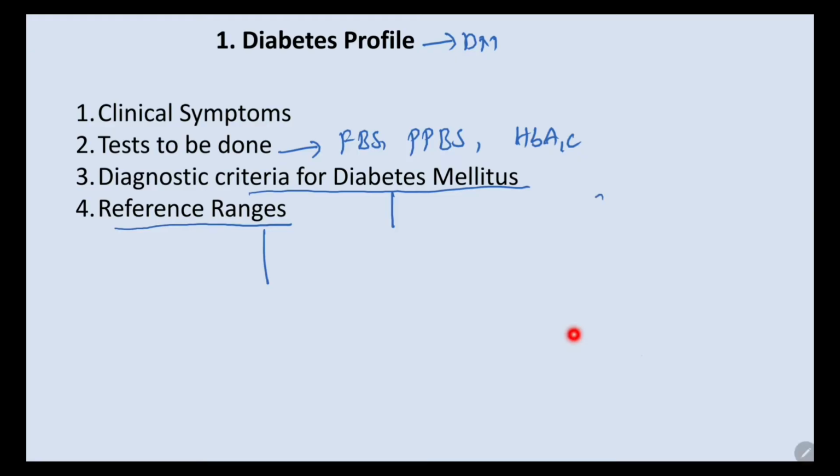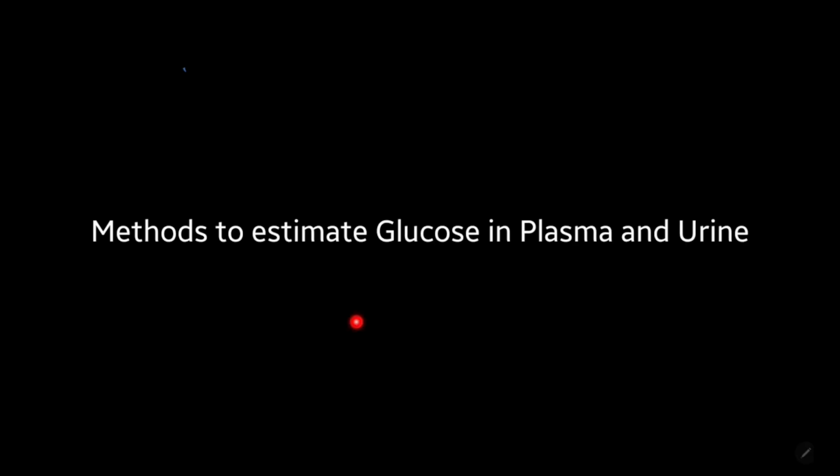Now when do we need to do GTT, or oral glucose tolerance test? When fasting and PPBS values are inconclusive, then we can go for the GTT. Not only that, during pregnancy also the GTT test will be done to diagnose diabetes. The glucokinase or hexokinase method is used for plasma glucose.